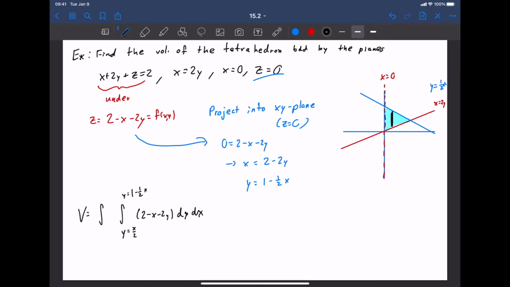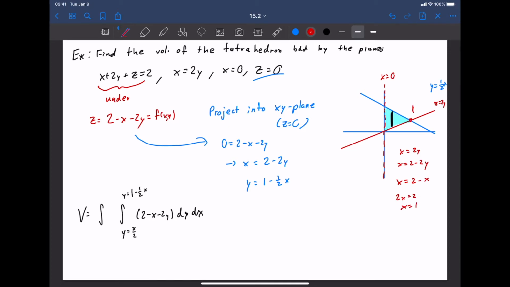For our x bounds, we want to make sure we are using our sense and solving for their intersection right there. If we have x equals 2y and I have x equals 2 minus 2y, then I have x equals 2 minus x, or 2x equals 2, x equals 1.